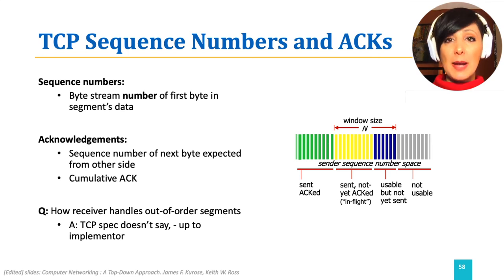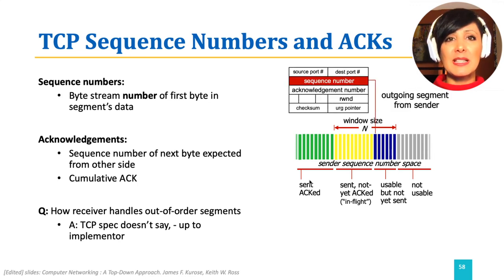Remember the window discussions we had in RDT pipelining. TCP is a pipelined reliable transport protocol, and it uses sequence numbers and windows to have control over the segments on the fly. Sequence number in the TCP segment is used for this purpose. It shows the byte stream number of the first byte in the segment's data.